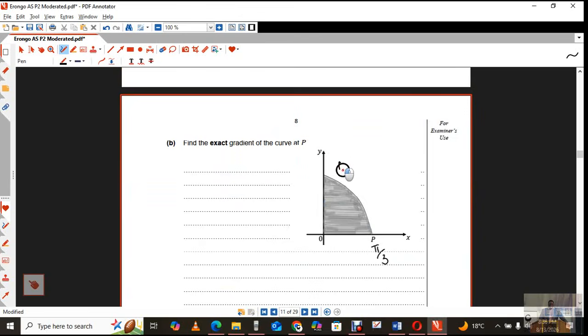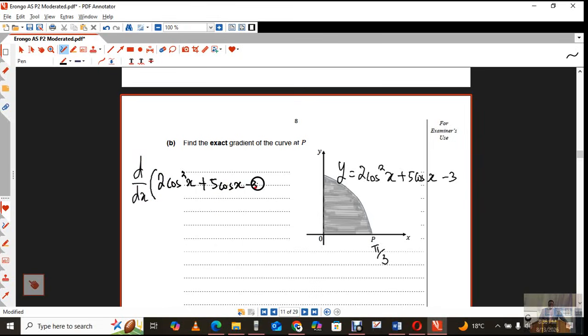The function is y equals 2 cos square x plus 5 cos x minus 3. So what we need to do is differentiate that 2 cos square x plus 5 cos x minus 3.